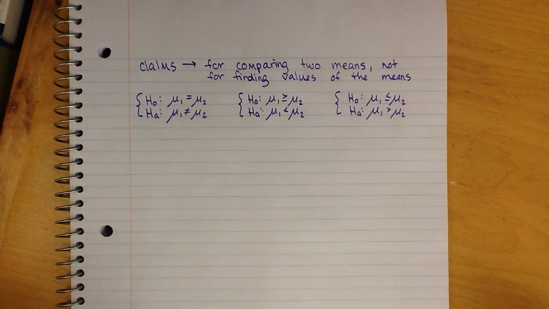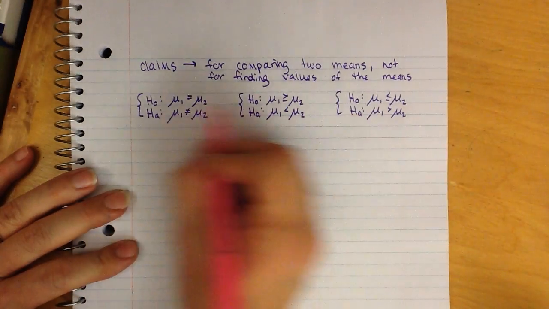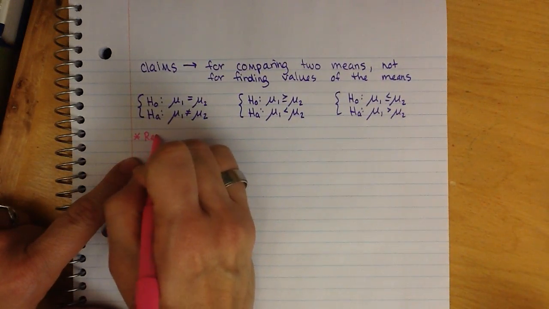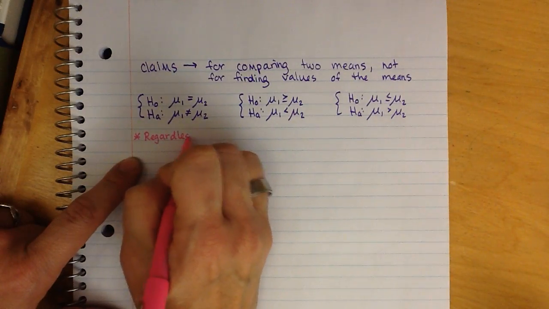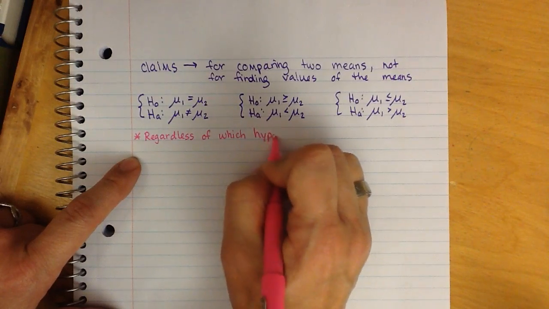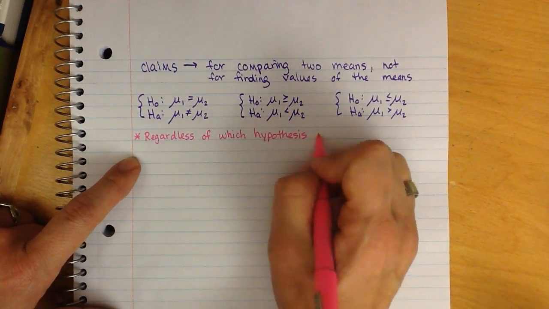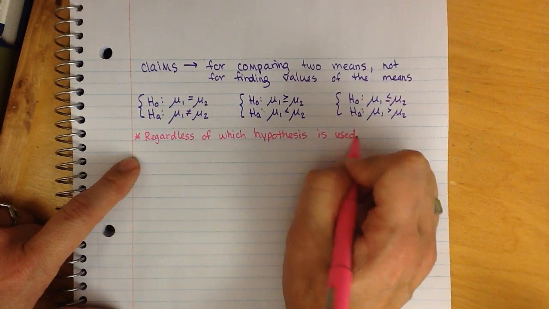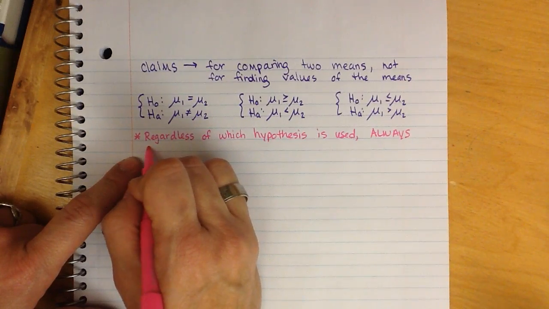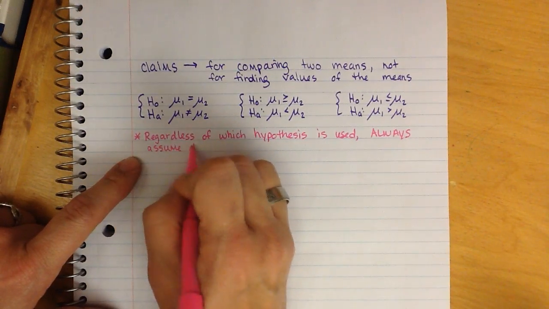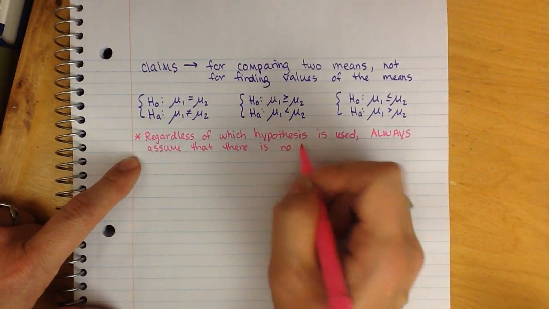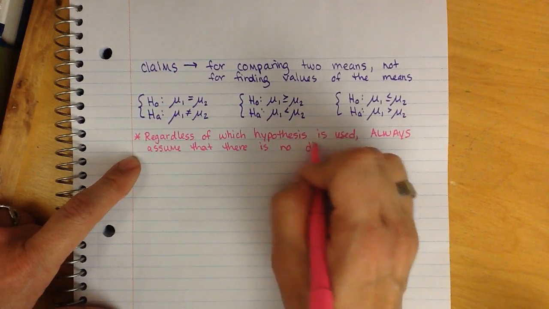It doesn't matter which hypothesis you use, regardless of which of these three. I mean, it matters to the problem, but regardless of which hypothesis is used, we always start our testing by assuming that there is no difference between the two population means.